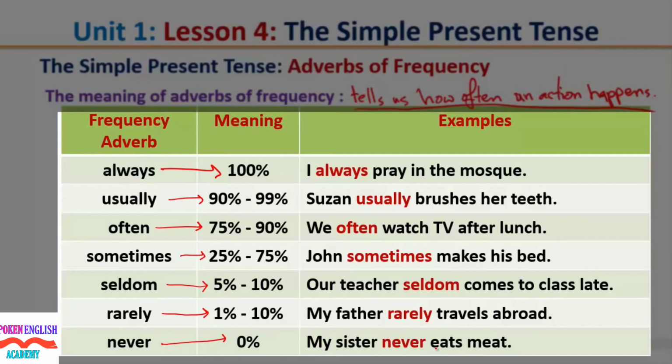Example, my sister never eats meat. Notice that all these sentences are in the present simple. And notice also that the adverb comes immediately before the verb.